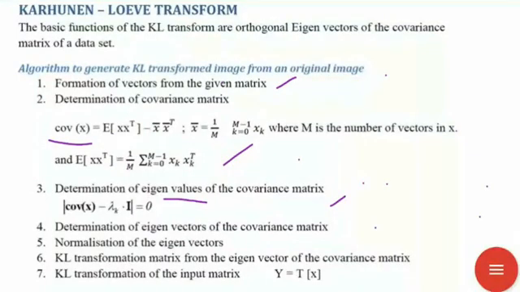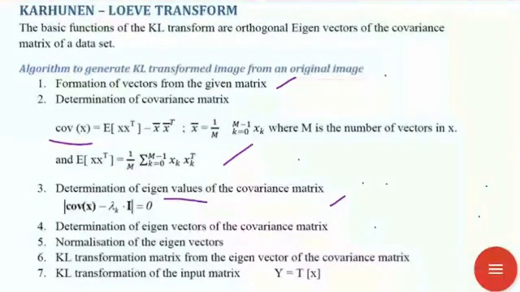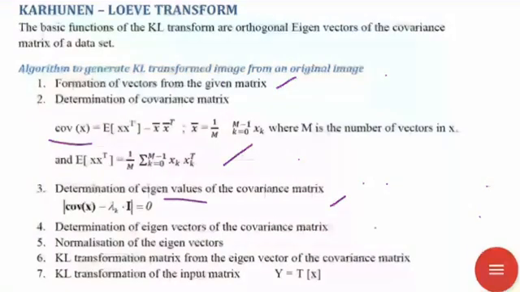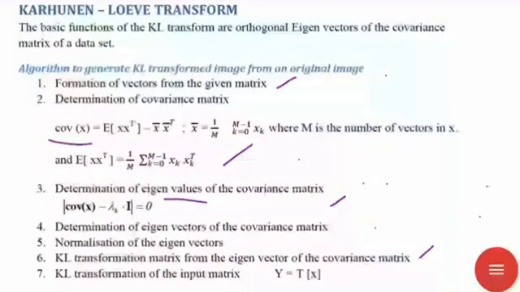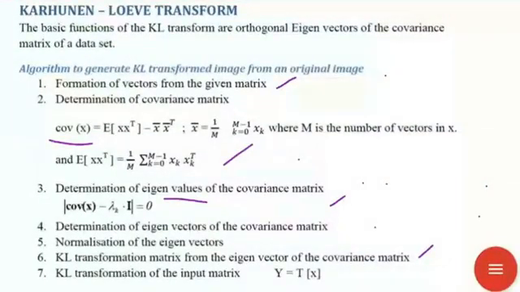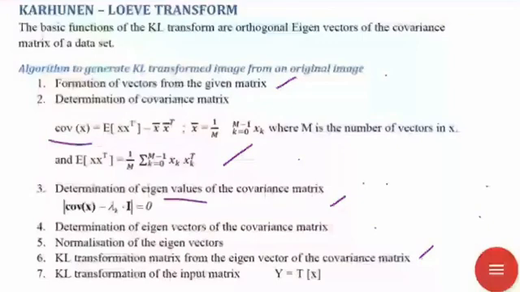After getting the eigenvectors from the eigenvalues, normalize the eigenvectors. Then you can get the different vectors. You just combine all the vectors, then you can get the KL transformation matrix. After getting the KL transformation matrix, we should verify it with the orthogonality condition.